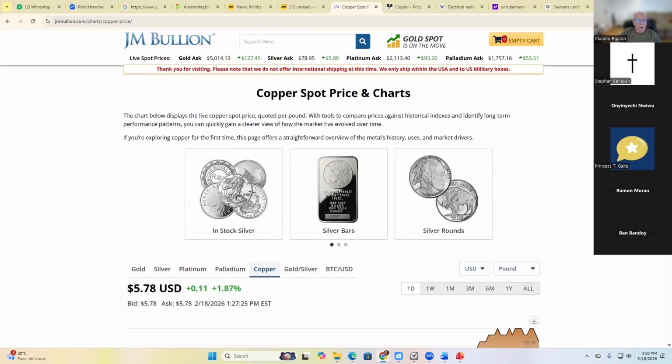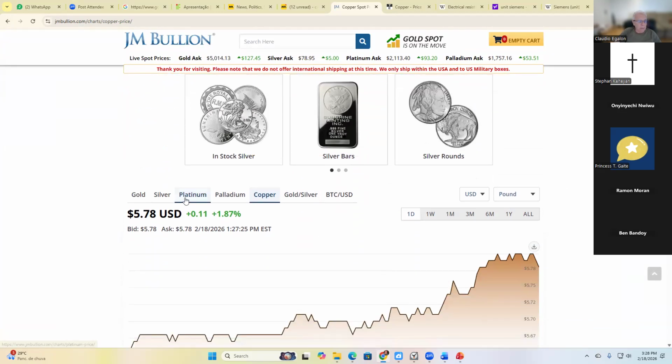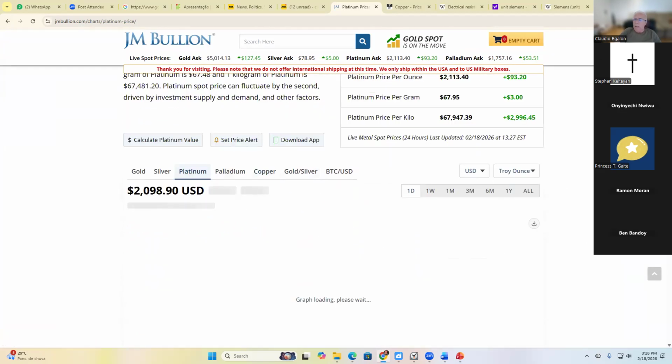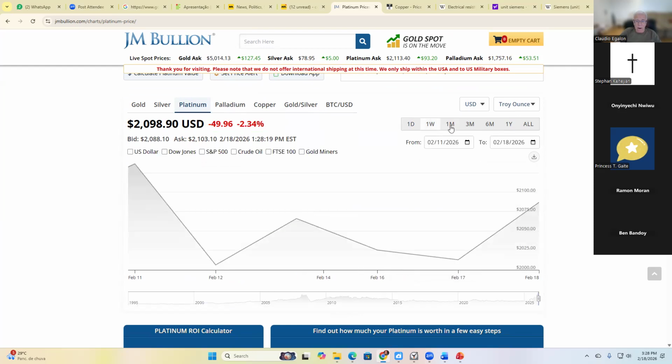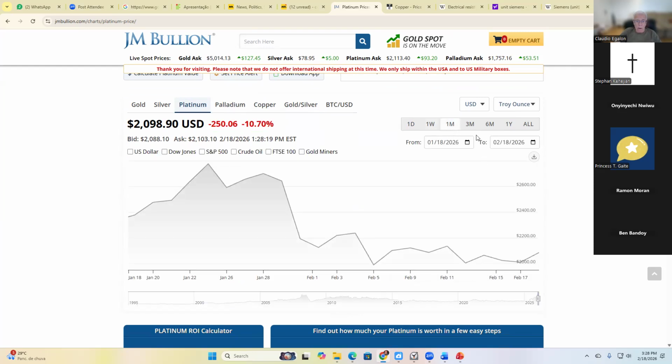Let's take a look. We have others here. Let's play with platinum, right? Platinum is a very good conductor as well. Platinum is far more noble than gold, but its price is lower. See that?